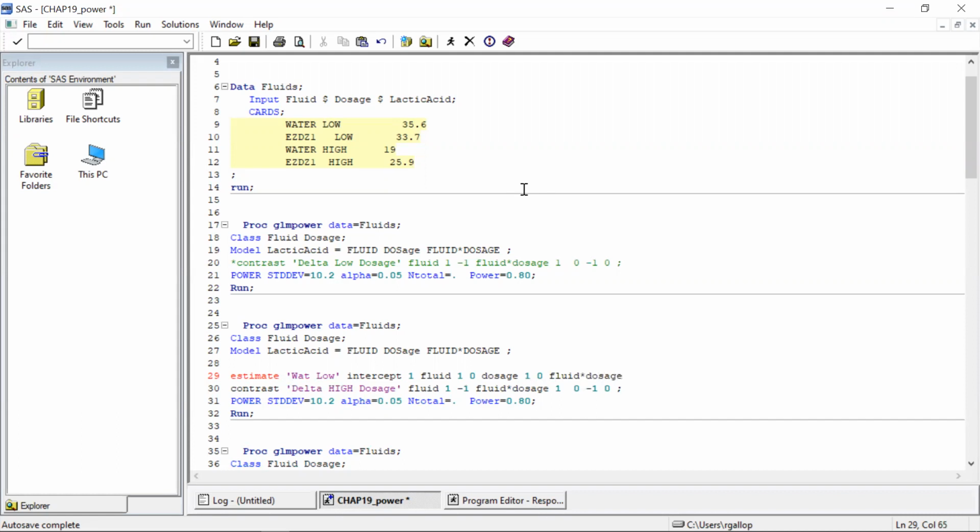So it'd be fluid star dosage. In this case, dosage iterates within fluid.